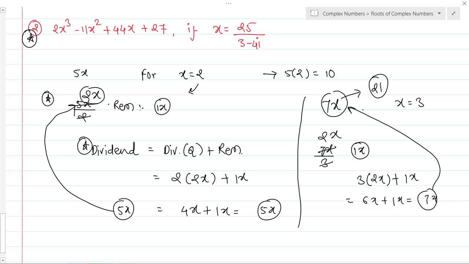Let's make use of this concept and find the answer to this type of question. Now let's come back to the original question, which asks for the value of 2x cube minus 11x square plus 44x plus 27, if x is equal to 25 divided by 3 minus 4i.